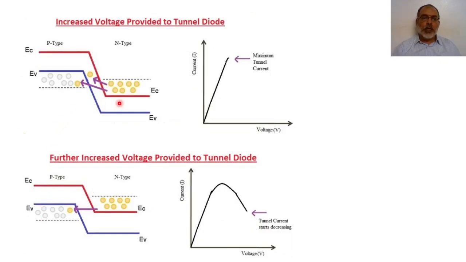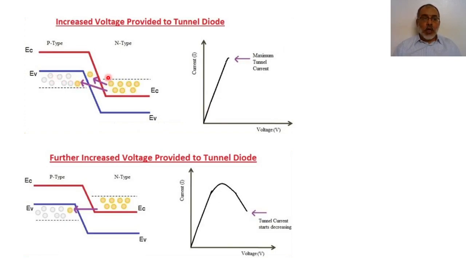So by increasing the forward voltage, the conduction band and the valence band of the N type will be rising up towards the Fermi level, and the conduction band and the valence band of the P type will be going down towards the Fermi level. And as long as we increase the potential, we are increasing the energy, so we have some tunneling electrons.